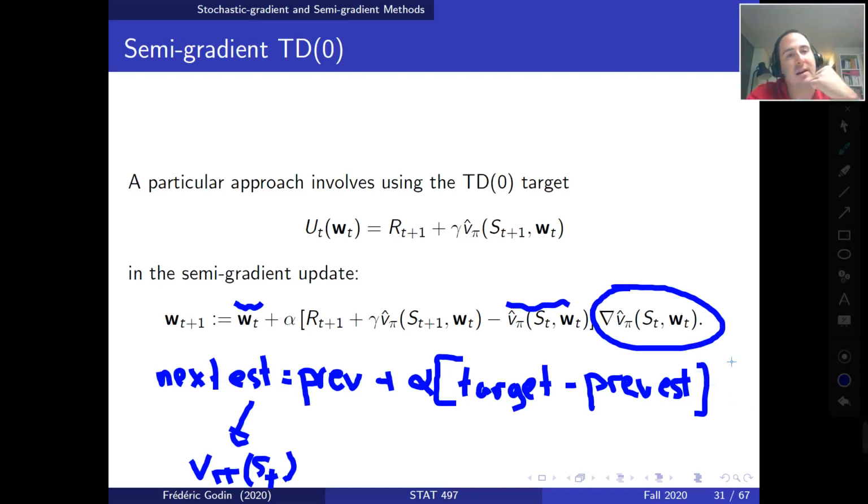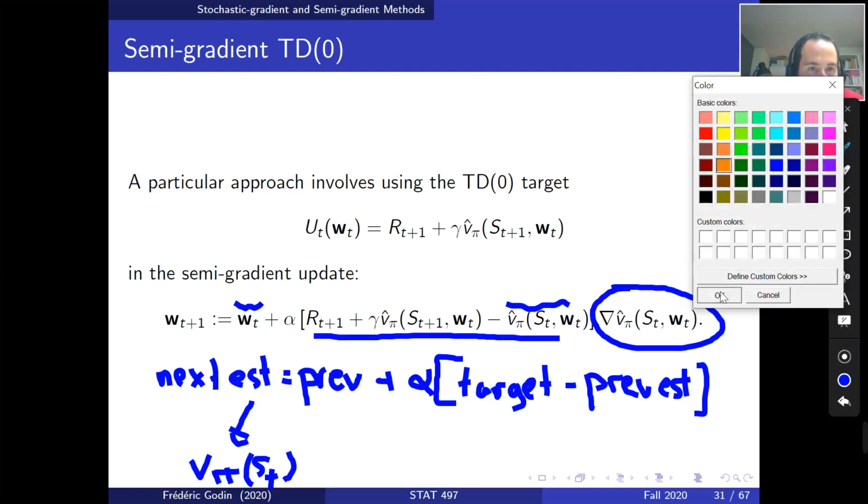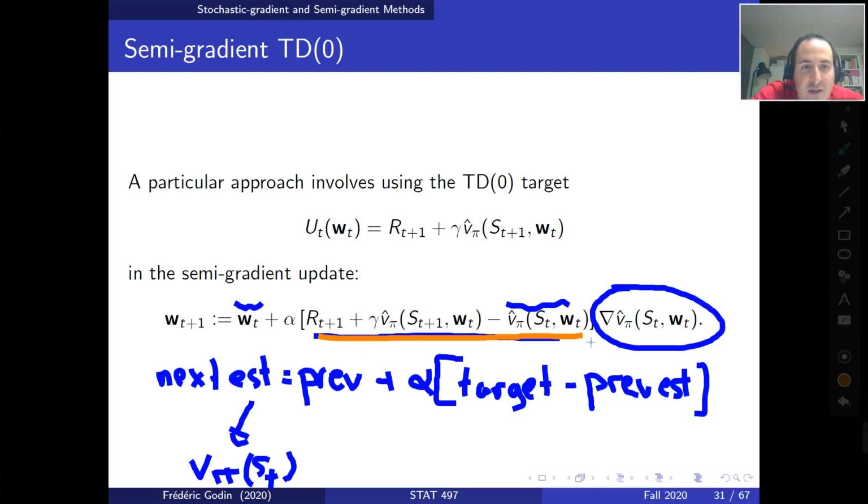So the gradient appears here, and why do we have this term? What's the interpretation of this? You can explain it in the following way. It's because these represent errors on the value function. So this is in value function units, whereas this here is in parameter units. So the gradient with respect to the value function is a term which translates units of value function into units of parameters.